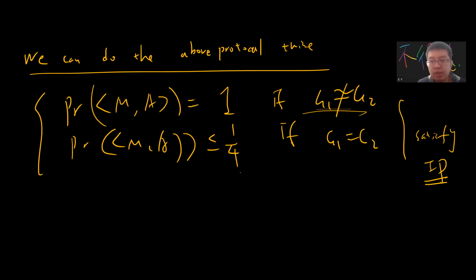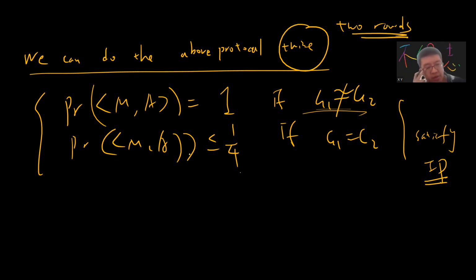So I ask twice, and if Merlin is all correct, then I accept. Otherwise, the probability is 1/4. So this protocol uses only 2 rounds, and already proves that non-graph isomorphism is indeed in IP.